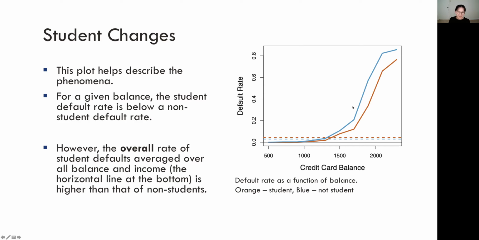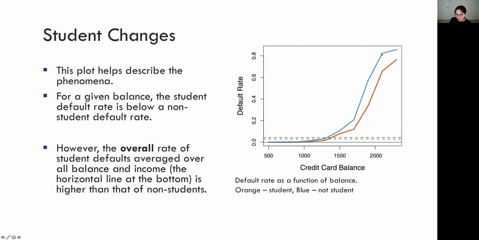Sorry, yeah, we're looking at the default rate. The dashed lines are the average over the overall balance and income. So this dashed line is for this bullet, and these curves here are for this bullet. The student's default rate is below for a given balance. Let's look at 2000 and go up to these two lines. This non-student default rate is higher than the student default rate, right?